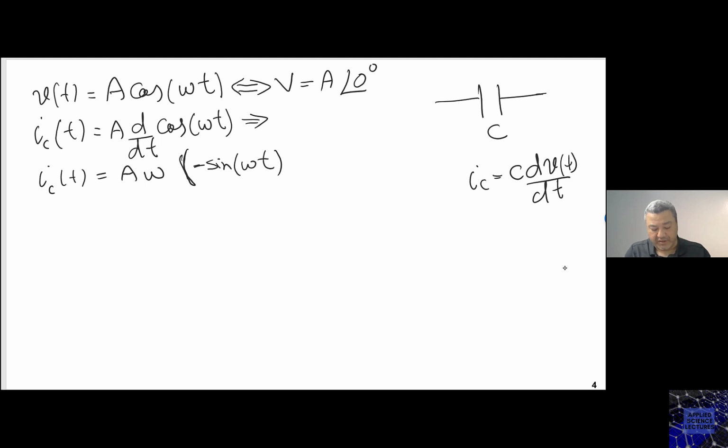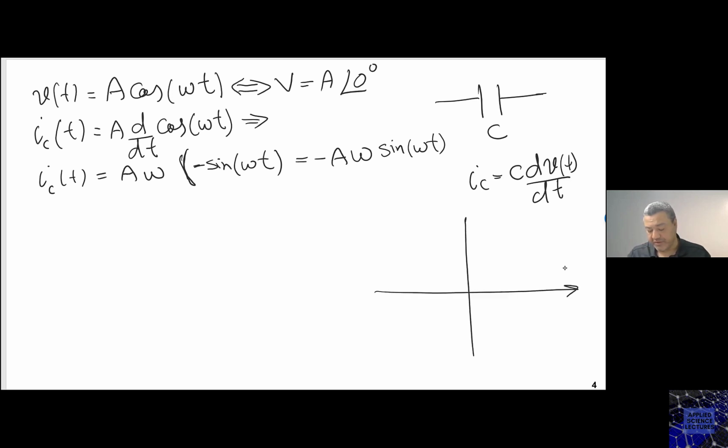So here the signal would be minus A omega sine omega t.